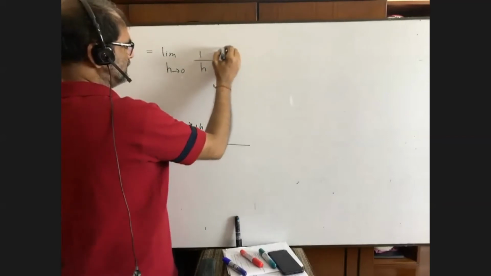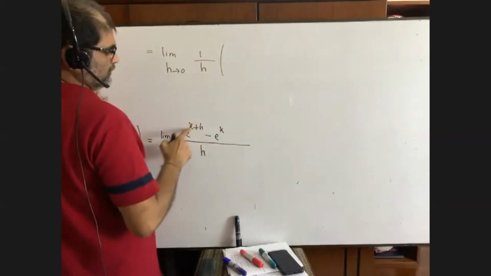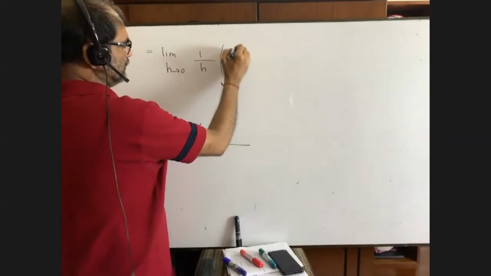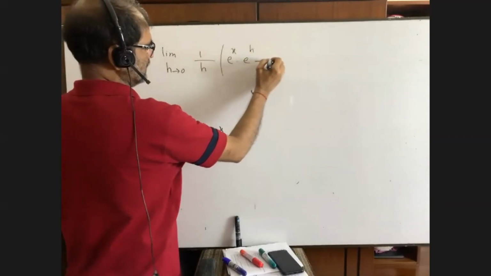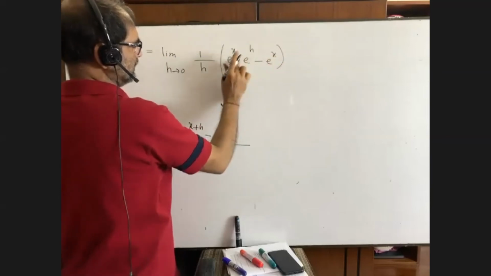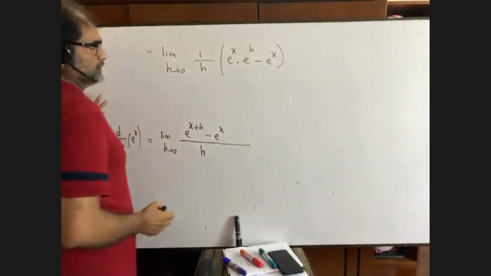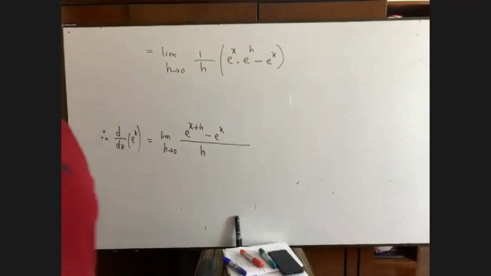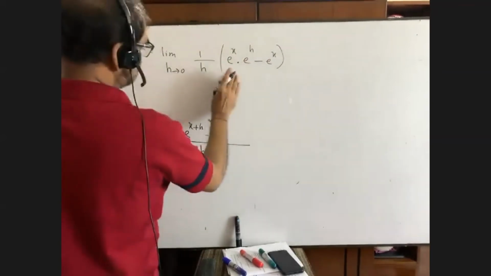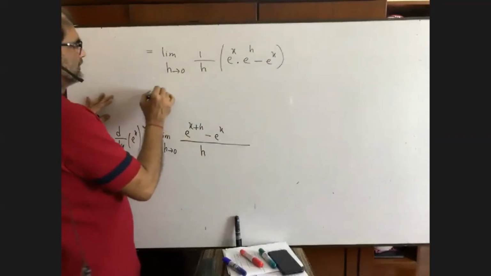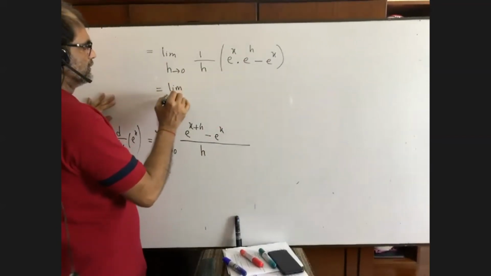Okay, now see what can be done here. E to the power x plus h means what? Can you write e to the power x into e to the power h minus e to the power x? Can you please let me know that I am right or wrong? Yes, sir. Sir, you are always right. Oh my god. Anyway, very good.